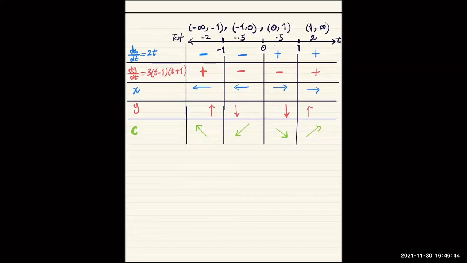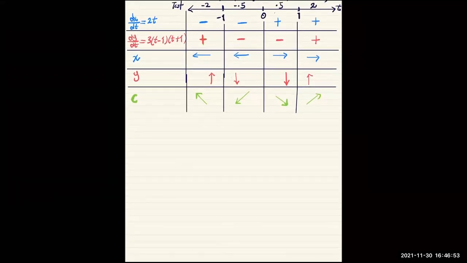We are done. We are really done with all the analysis that we can do. Now we can draw the graph. Last step, step E. Graph C, and you're graphing with orientation, okay?